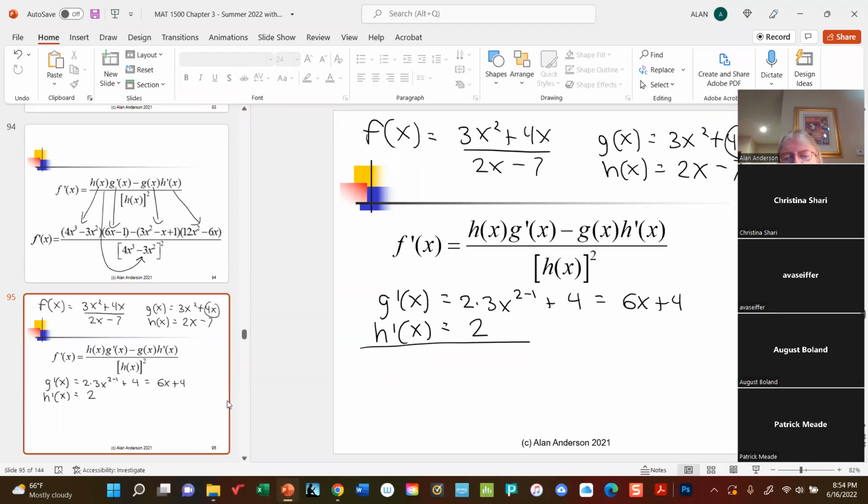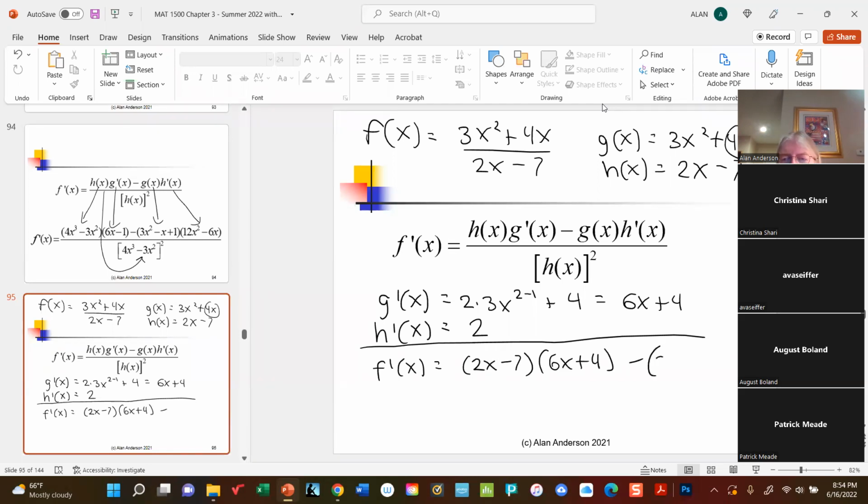So when you're done, f prime of x, if you plug in these numbers, you'll get 2x minus 7 times, oh, here it is, I almost couldn't find it, 6x plus 4, minus g of x times 2.